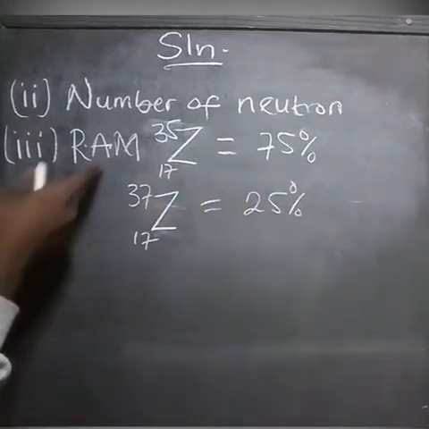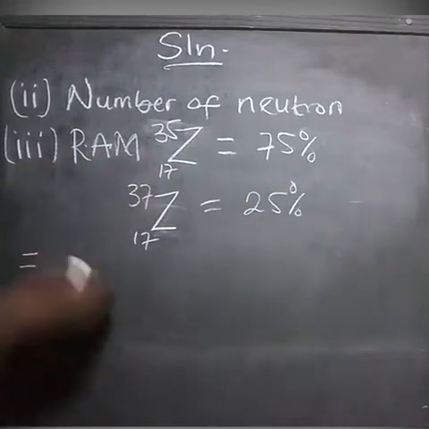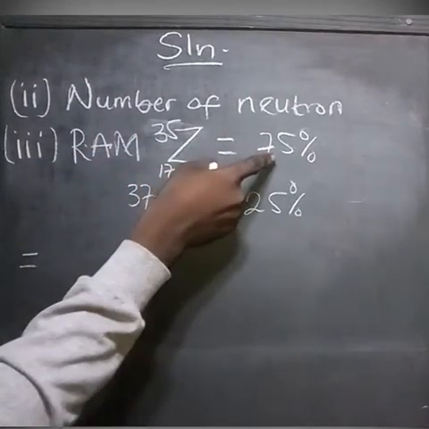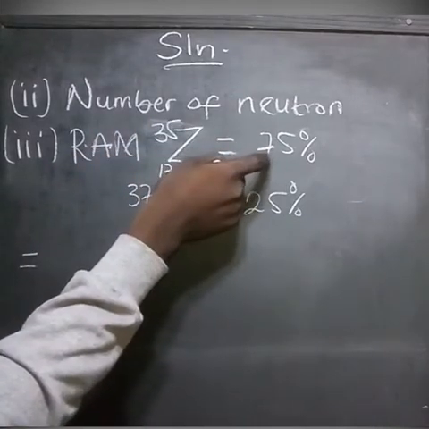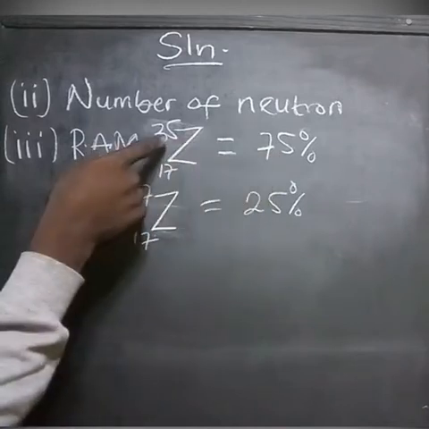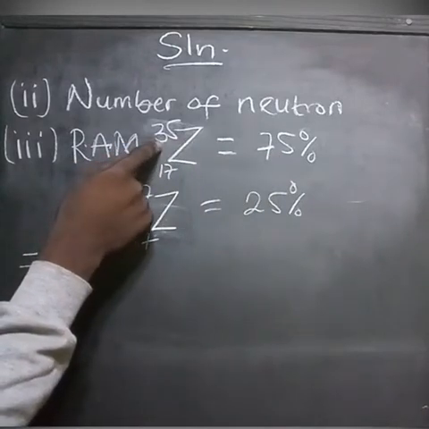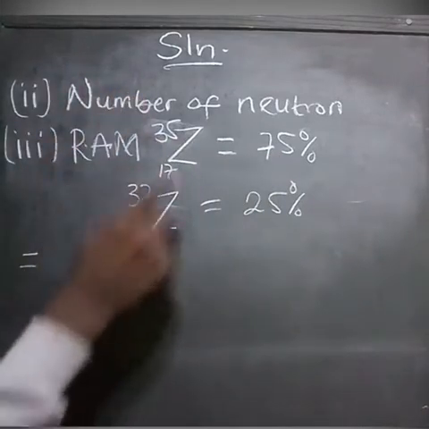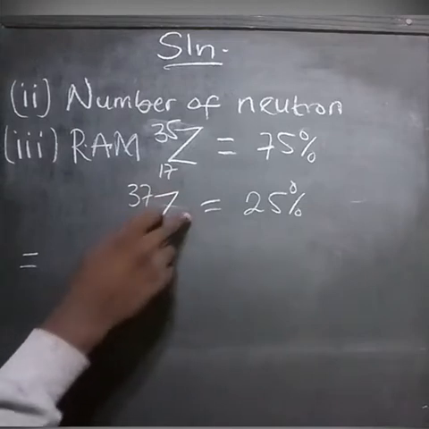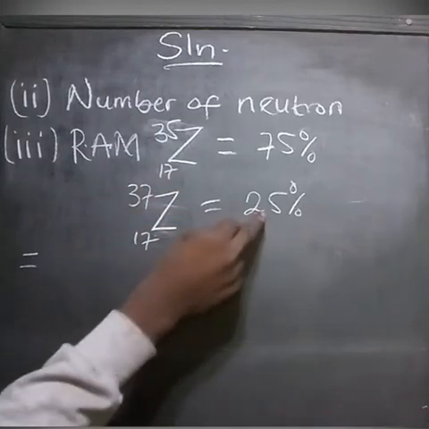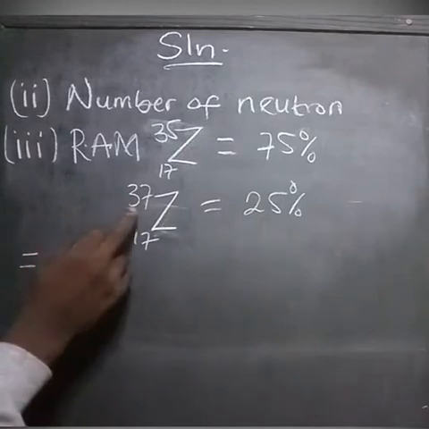So to calculate the relative atomic mass, you have to say the relative abundance of element A multiplied by its mass number, plus the relative abundance of element B multiplied by its mass number.